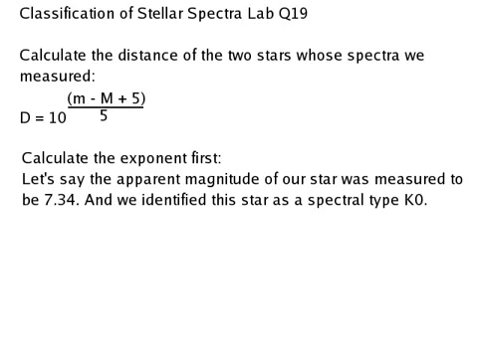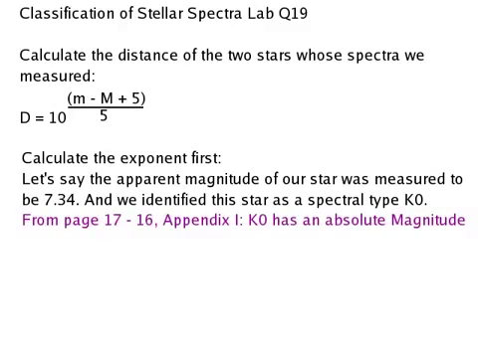From Appendix 1, we see that K0 type, spectral type, has an absolute magnitude of 5.9.